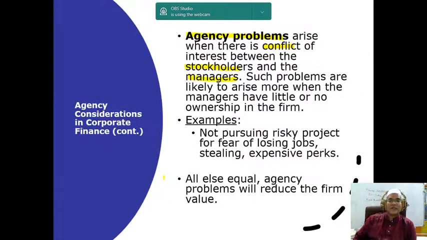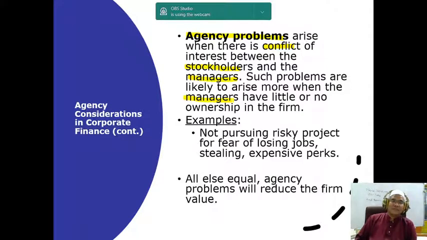Such problems are likely to arise more when the managers have little or no ownership in the firm. Managers appointed as staff have no shares in the firm.